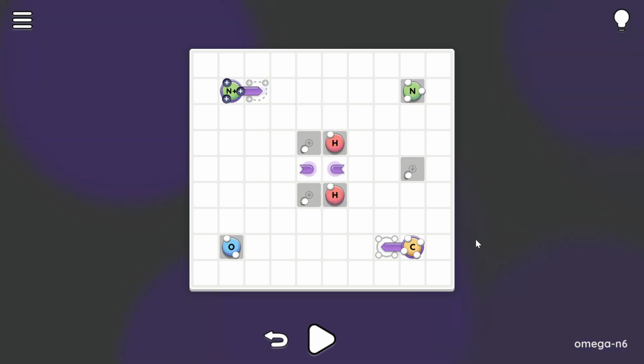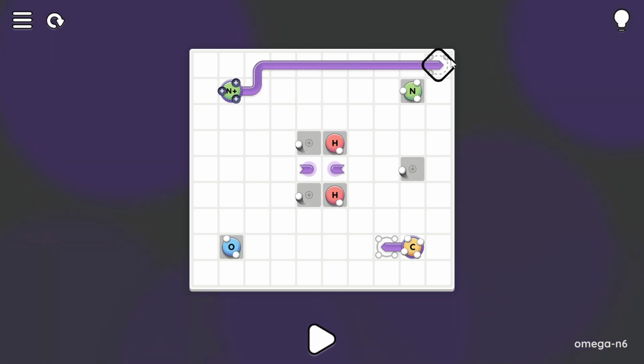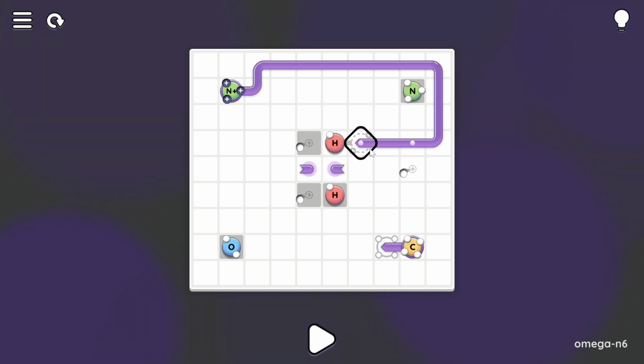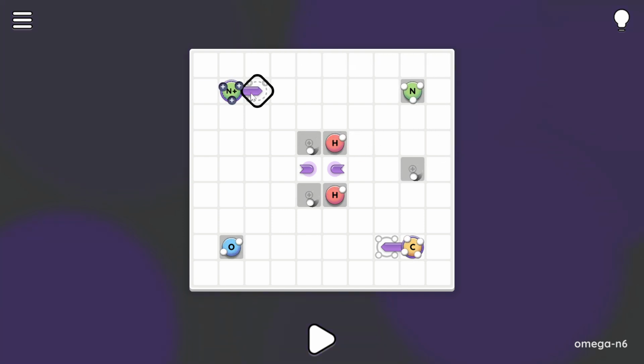So one way I could do that is I could enclose nitrogen first and then collect all 3. That doesn't seem very possible with this hydrogen though. Or I could collect 2, bond with oxygen, then collect 1 and bond with hydrogen.